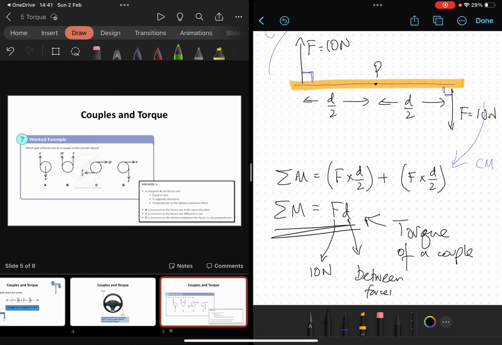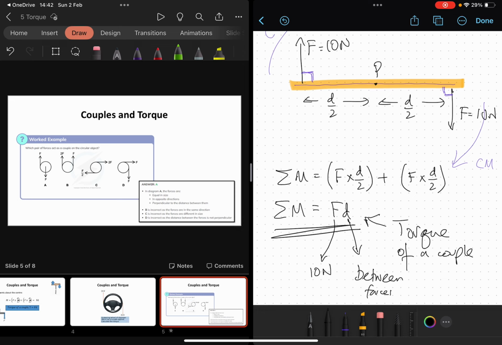Now, examiners quite like getting you to identify which forces are acting as couples. In front of you, you've got 4 options, and we're being told that diagram A is the correct choice. Okay, so let's rule out why it's not B, C, and D, and then we'll have a look at A specifically. Looking at B, we've got 2 forces.